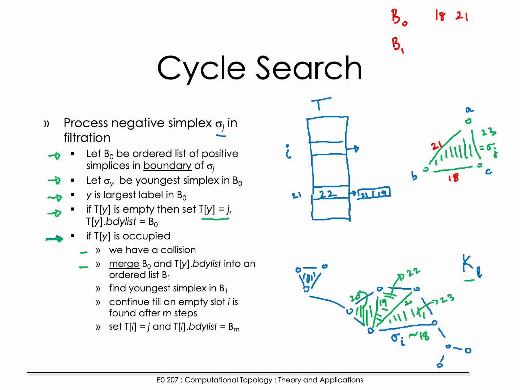What we find is that b sub 0 has 18 and 21, and the boundary list at y has 21 and 19. So when we merge, we get a boundary list which is 18, 19. 21 added plus the other 21 modulo 2 vanishes, right? So this gives us our new boundary list, which is b sub 1, that now consists of 18 and 19. So what have we done here?